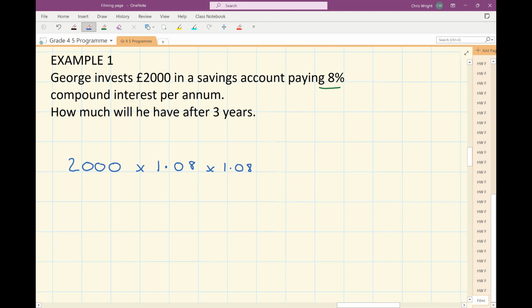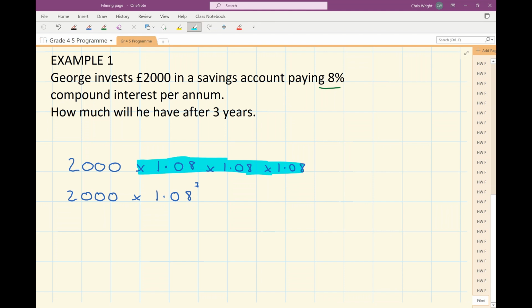Take that amount and increase it by 8% again for the third year. So what you've actually got here is £2,000 multiplied by 1.08 to the power of 3, because you're multiplying by 1.08 3 times, once after another, after another.